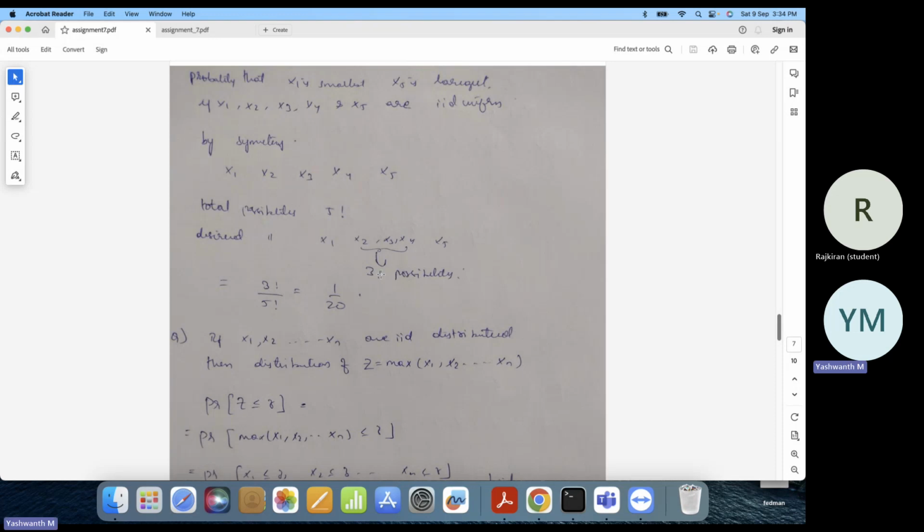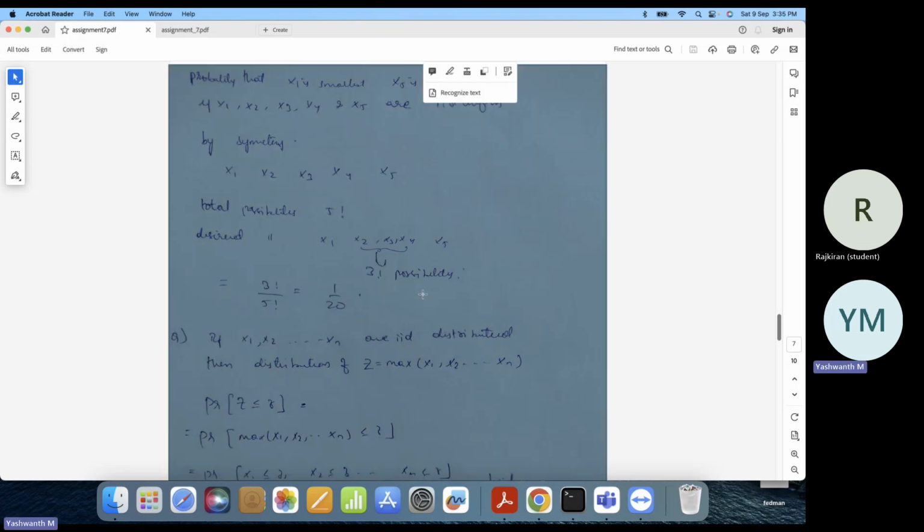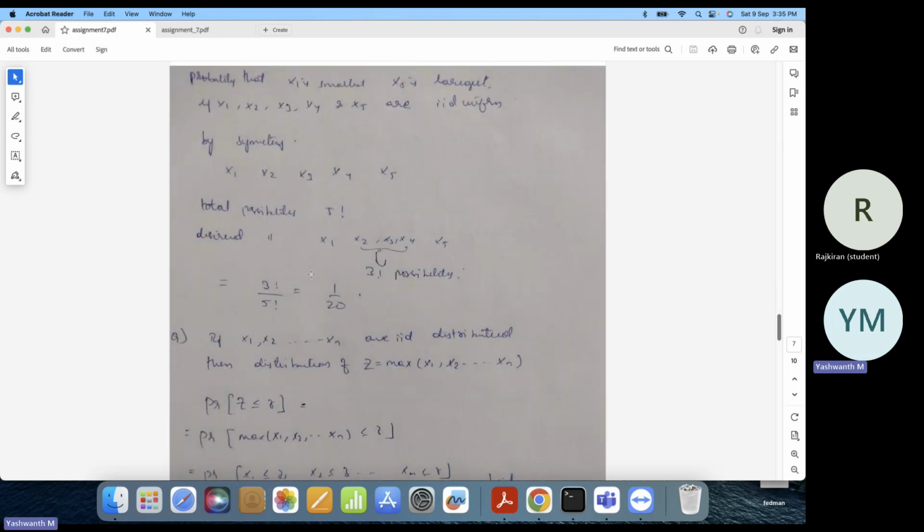So you have three factorial possibilities here. They can permute among themselves. But yes, this is greater than x1, this is less than x5. So your total desired events are this: 5 factorial is the total number of arrangements, and then 3 factorial is this thing.